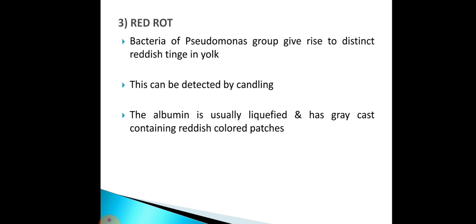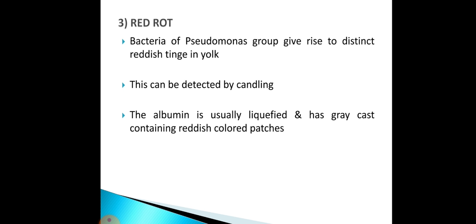We can detect the defects of the internal part of the egg by candling. The albumin is usually liquefied and has a grey cast containing reddish colored patches. So this is all about this topic.